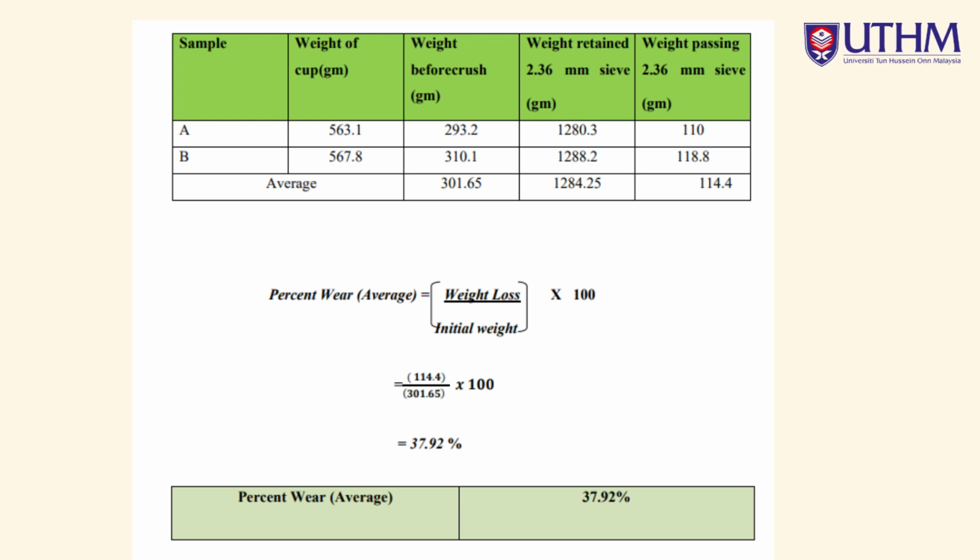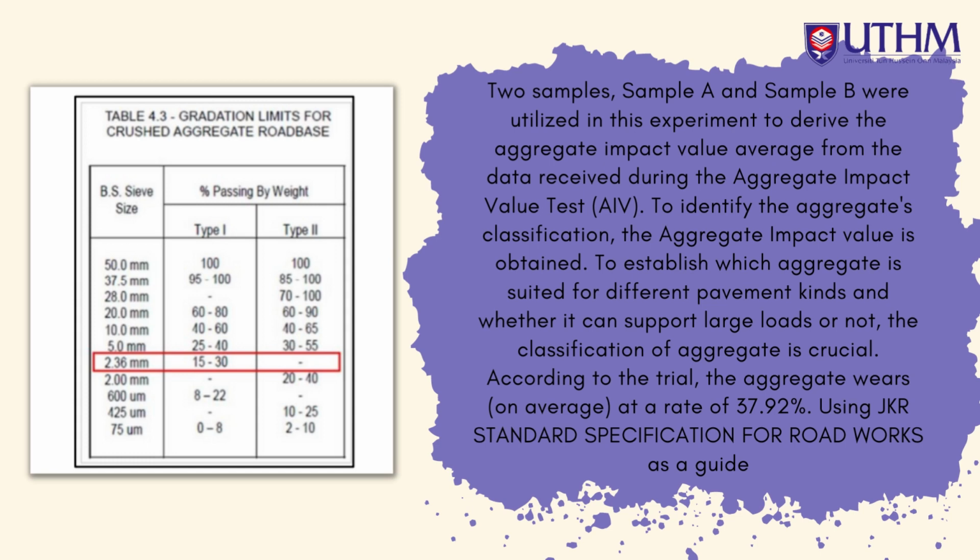So, the overall weight loss for sample A and B in total is 114.4 over the initial weight for both samples, which is 301.65, multiplied by 100, and the value that we get for the percentage wear average is 37.92%.